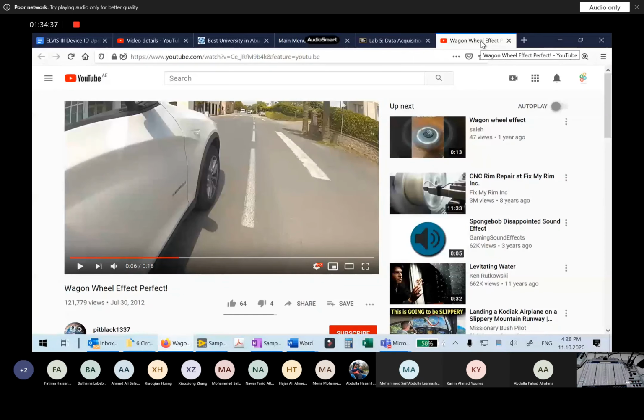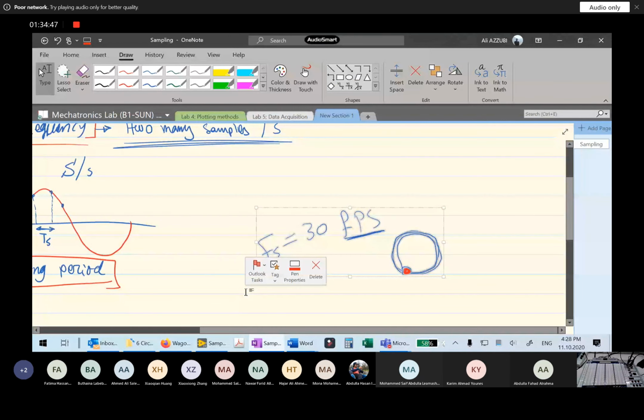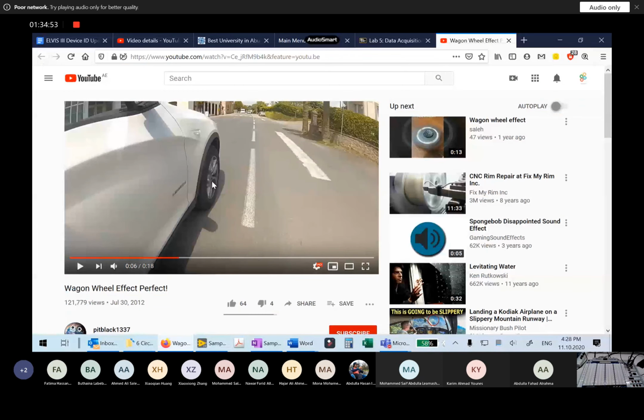Sometimes it appears to be moving backward. Why is that? I will leave this to you to think about. The wheel is moving forward, but when you sample it or take a video of that wheel, it will appear to be moving backward.